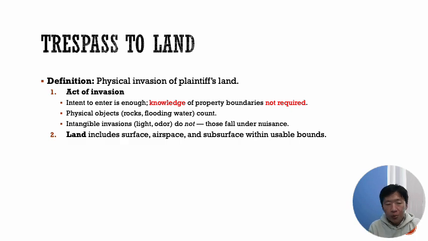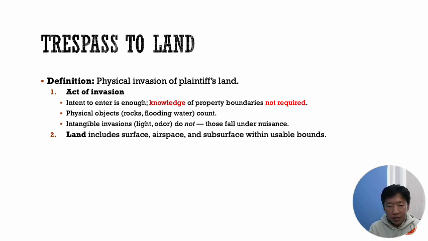And the second requirement is the physical object. Only a physical object can be considered trespass. Physical objects means like your roof, a tree, or your body. But intangible invasions like light and odor usually do not count as trespass.